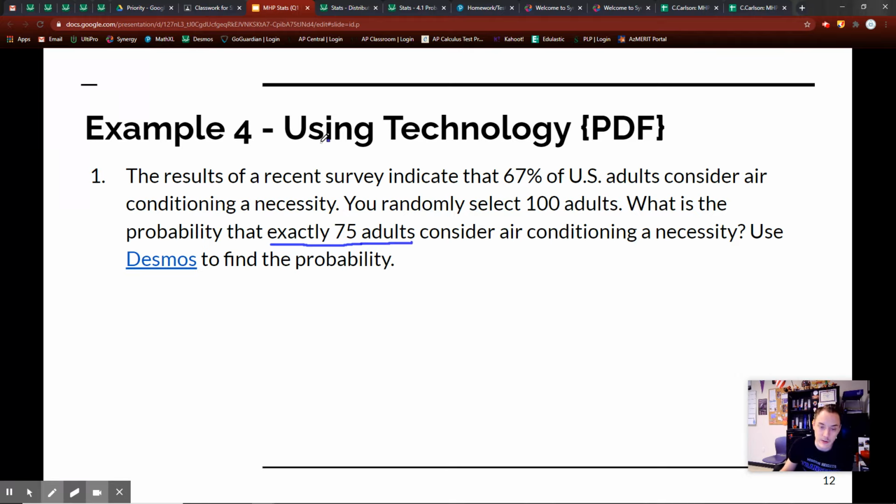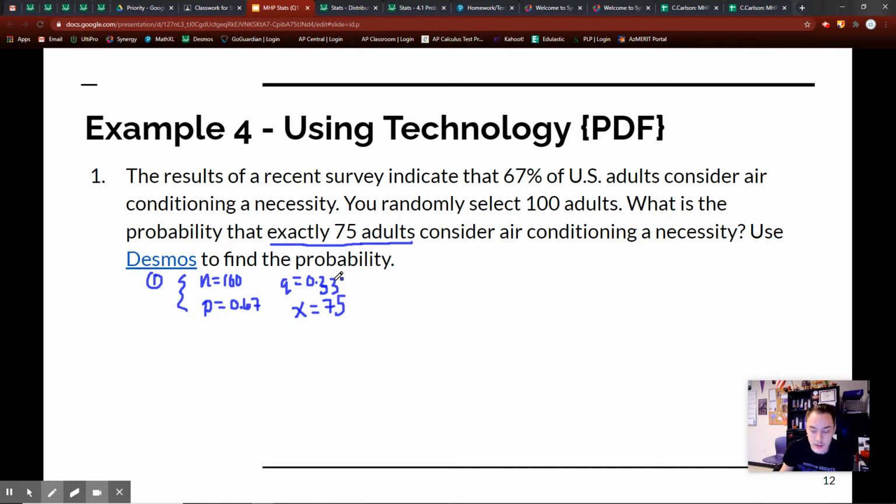So how do I do this? Well, the first thing I do is list out my variables. My N is of course 100. My P, my probability of success, is 0.67, and then my Q, my probability of failure, would technically be 0.33. And then what's my X? My X is 75 adults.